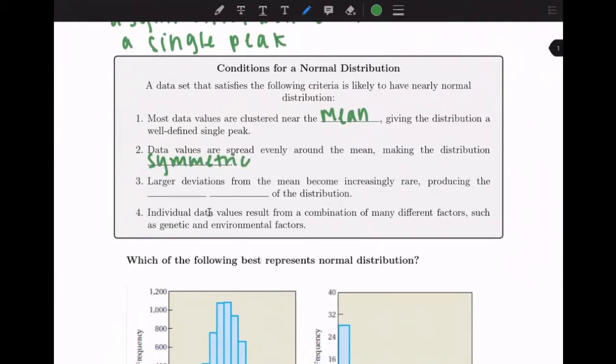Third, larger deviations from the mean become increasingly rare, producing the symmetric tapering tails of the distribution. And last, individual data values result from a combination of many different factors, such as genetic and environmental factors.